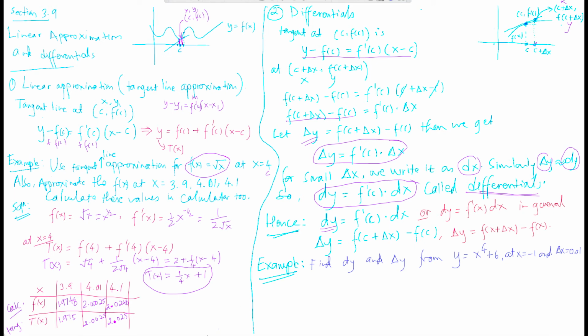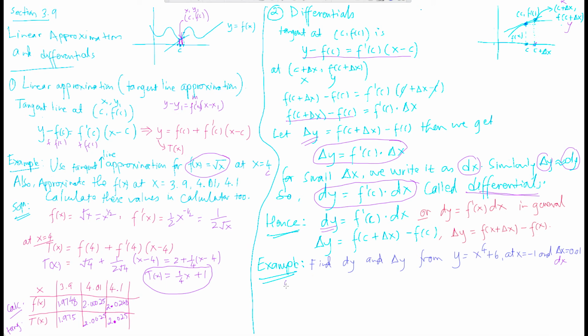Okay, let's take one example. Find dy and delta y from y equals x to the 4 plus 6 at x equals -1, and delta x is given as 0.01. So this delta x is basically the same as dx, right? So to find dy, we need f prime of x times dx. So you need to find the derivative, right?